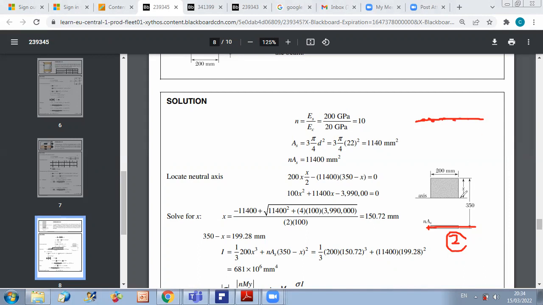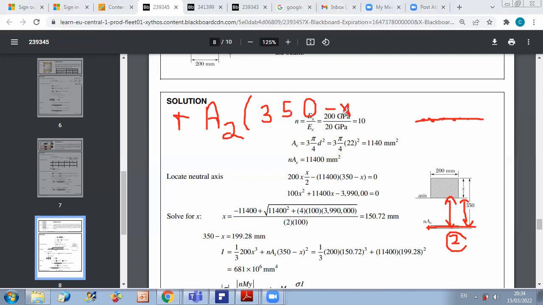And since we have negligible thickness, we can make this assumption that the inertia about this axis is 0, because all points can be considered on the same axis. And therefore, we just have to add the parallel axis theorem term, which is plus the area of 2 times the distance between the neutral axis and the axis of the modified steel area, which is 350 minus x. So you just have to add plus A2 times (350 minus x) squared.